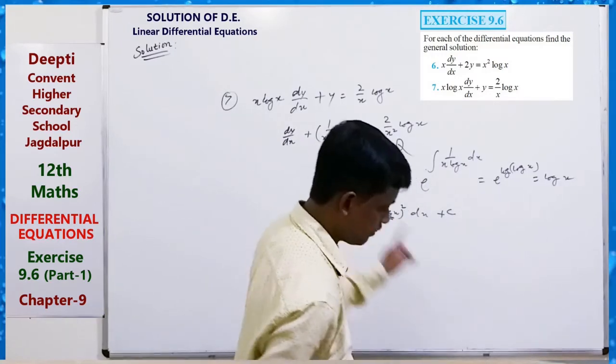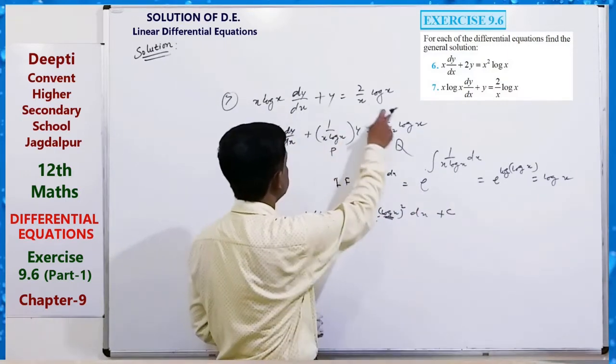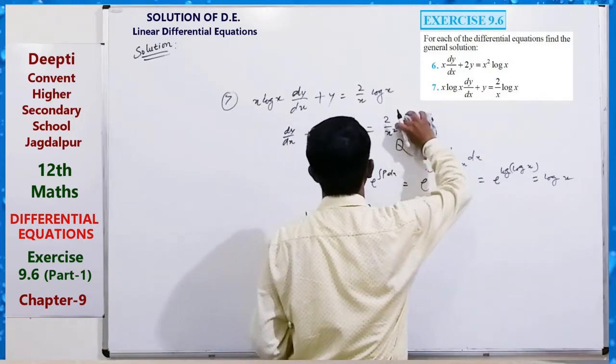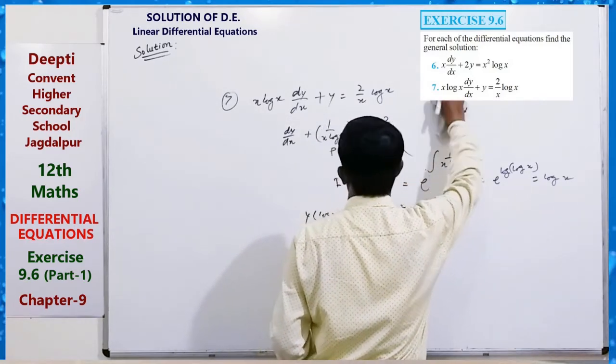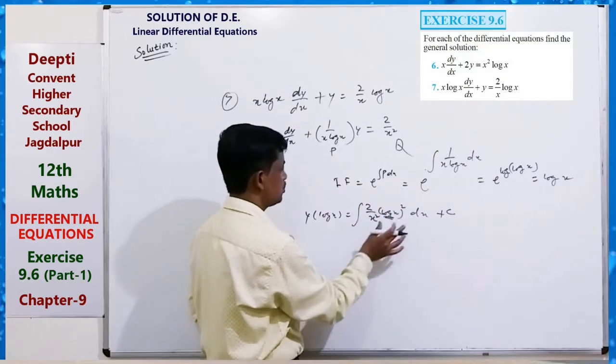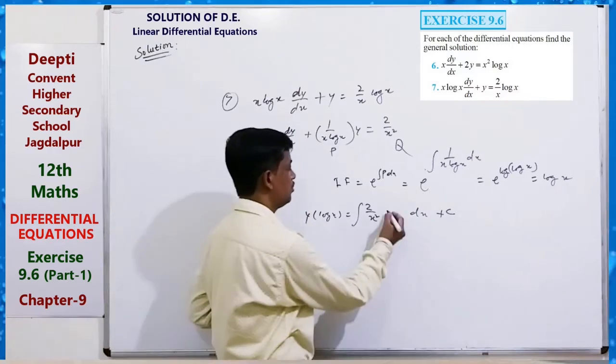So question 7, 2 by x square into log x.